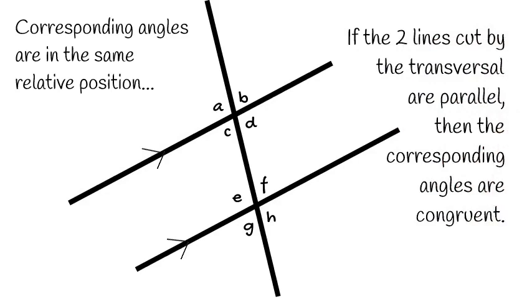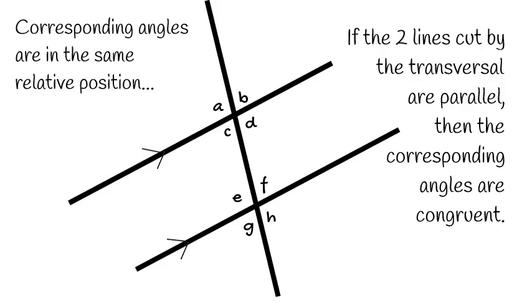What that means is that angle A is congruent to angle E because the two lines cut by the transversal are parallel. And similarly, angle B is congruent to angle F, and angle C is congruent to angle G, and angle D is congruent to angle H. And that's all because the two lines cut by the transversal are parallel, and therefore the corresponding angles are congruent.